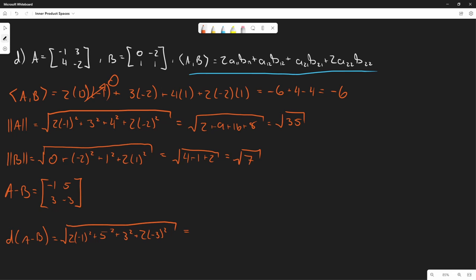All of that under the square root, and you get the square root of 2 plus 25 plus 9 plus 9 times 2, 18, square rooted. And so that'll be the square root of 54. And yeah, that's pretty much it. If I did my math right, this should be the answers.